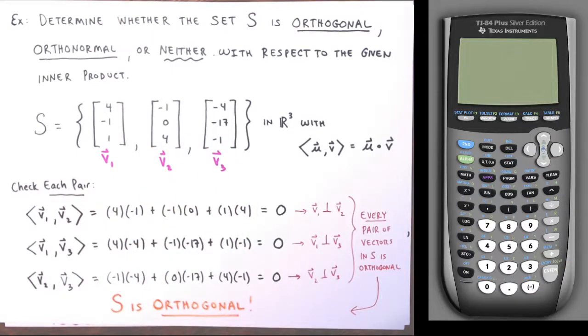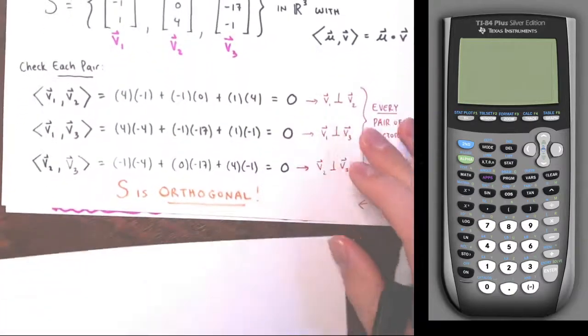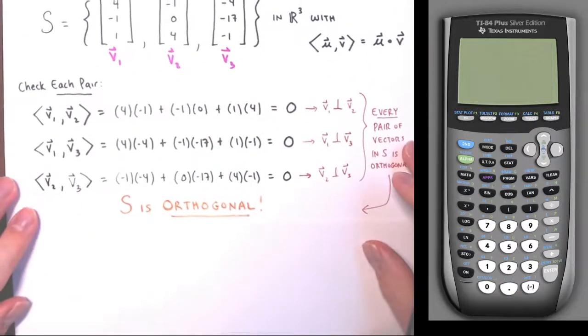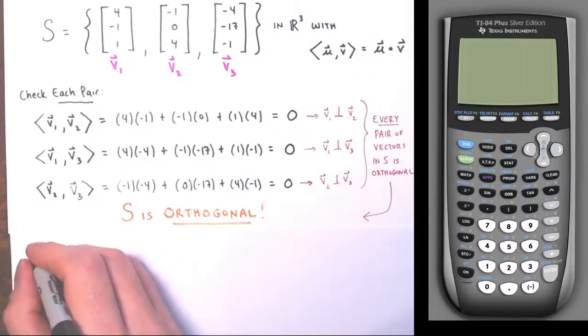And if the norm of each vector is 1, if they're all unit vectors, then the set is orthonormal. And if one of them has a norm that's not 1, then it's not orthonormal. Very simple. So I'll take that to the next page. So is S orthonormal?